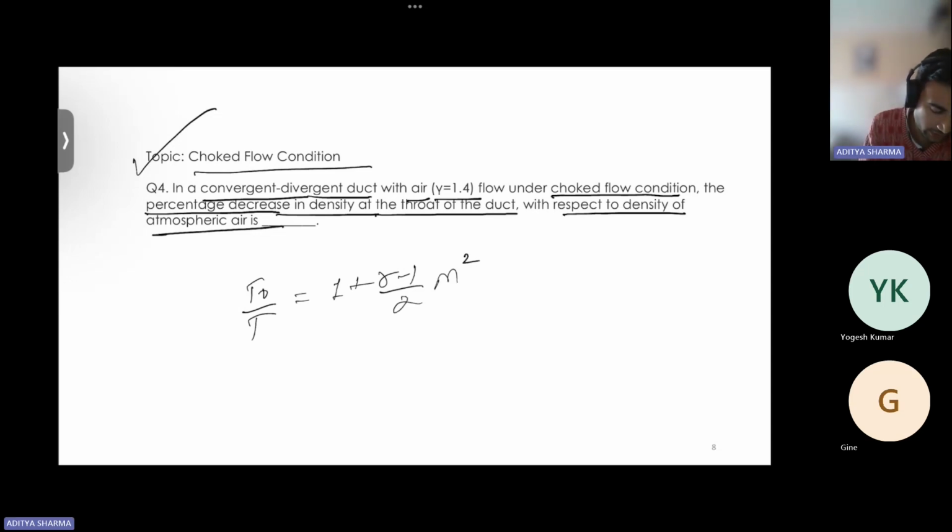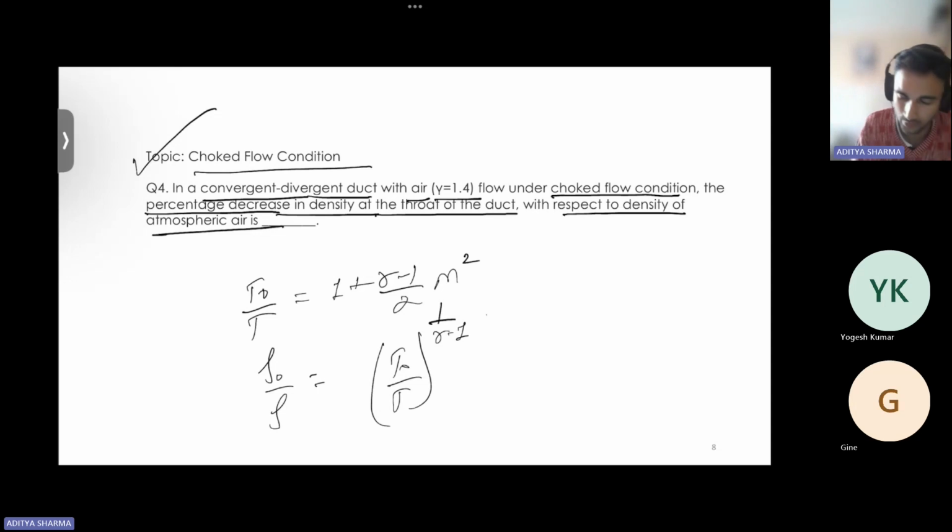This is the formula, right? And for rho naught by rho, it is T naught by T to the power 1 by gamma minus 1. This is the formula, right? Yes, sir.